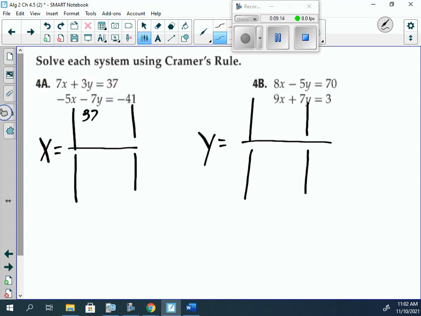So here we'll have 37 and -41. The y value is -7. The denominator is just going to be the coefficients. So we have 7, 3, -5, and -7.